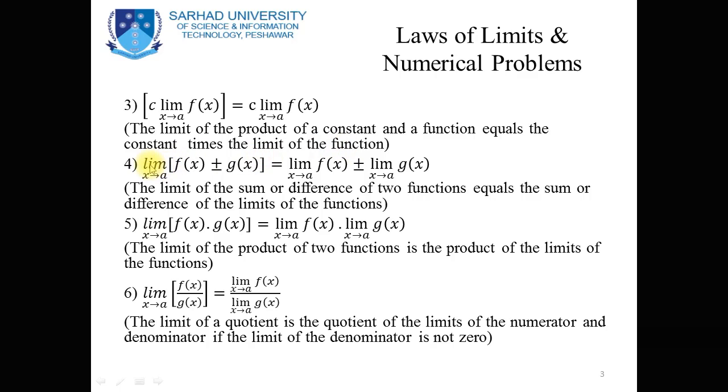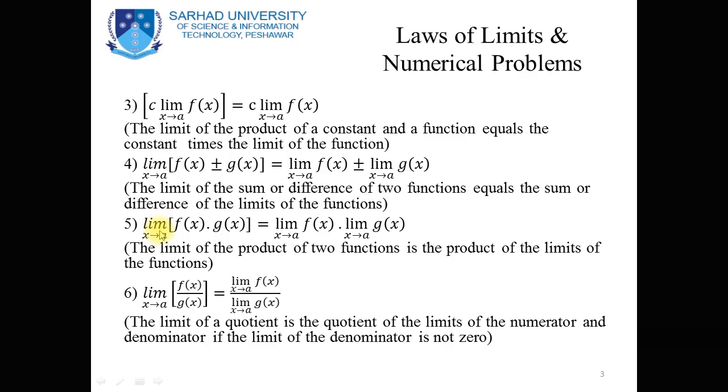And law number 4: limit x tends to a of f of x plus or minus g of x is equal to limit x tends to a of f of x plus or minus limit x tends to a of g of x. It means that the limit of the sum or difference of two functions equals the sum or difference of the limits of the functions.